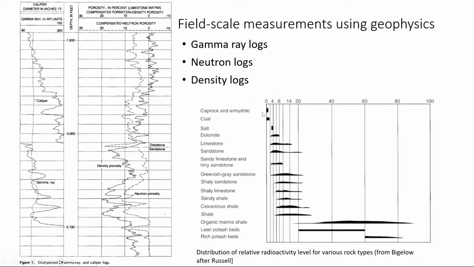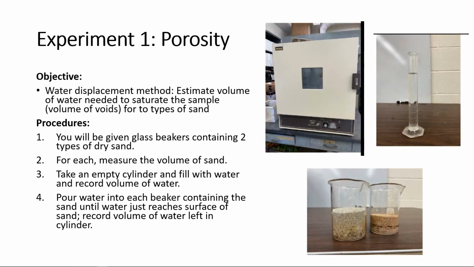And each different material will show different values. Again, I'm not going to go through this in detail, but I just want you to be familiar with it. If you need to use any of these methods, gamma ray log, neutron log, and density log, you can just learn them. But the other way is that we do it in the lab, in a lab experiment. So basically, this is an oven.